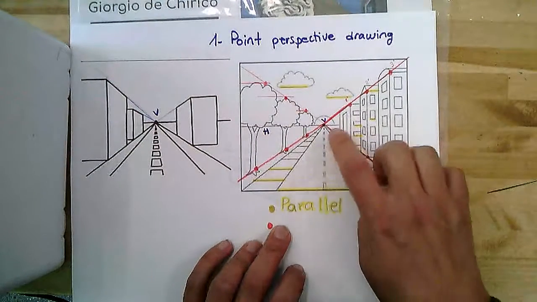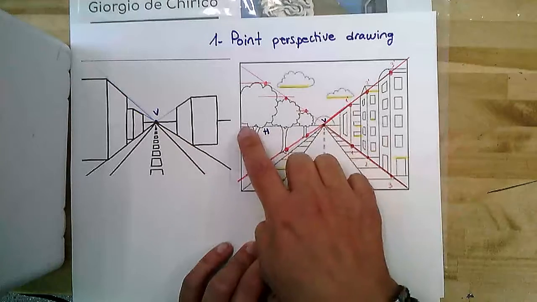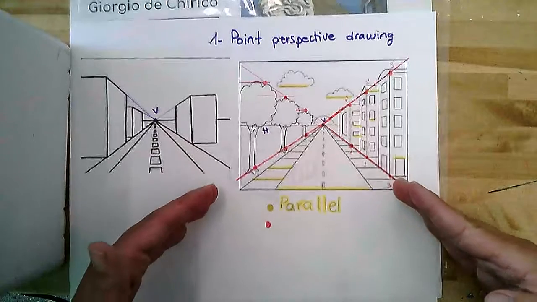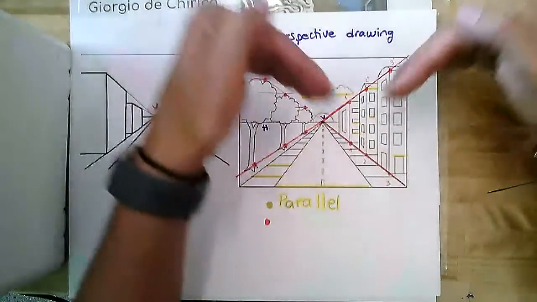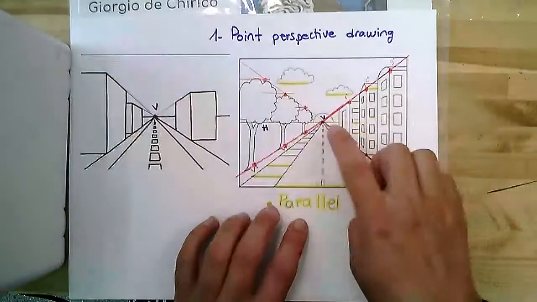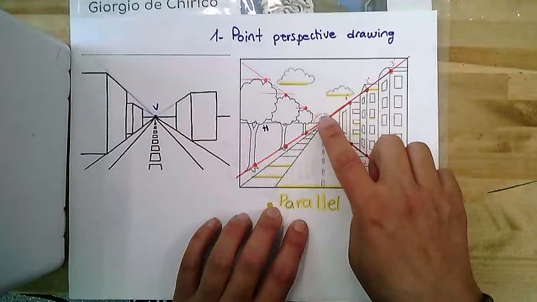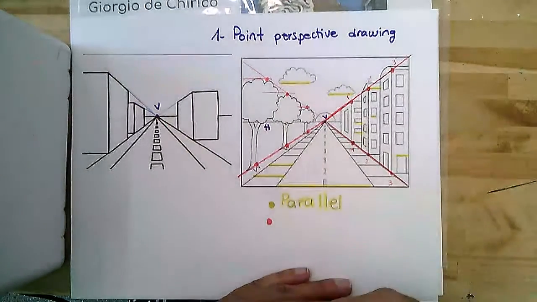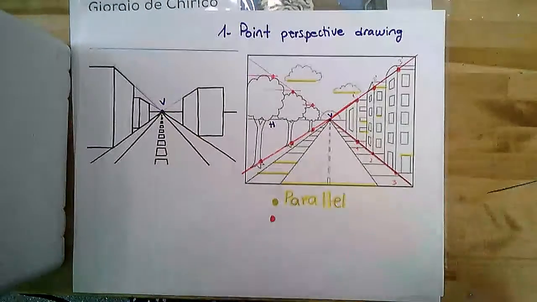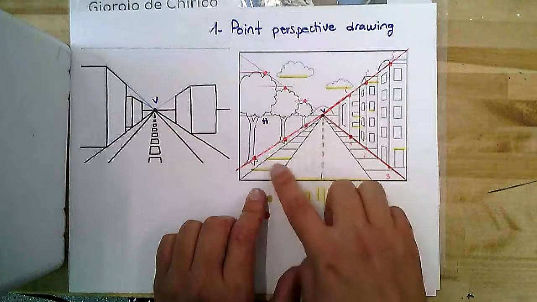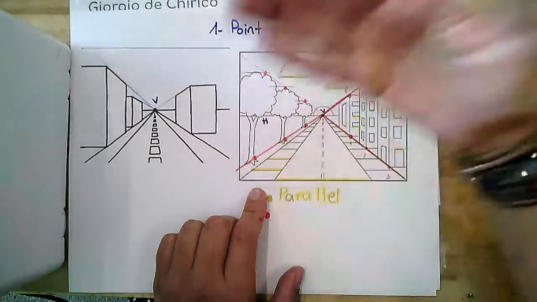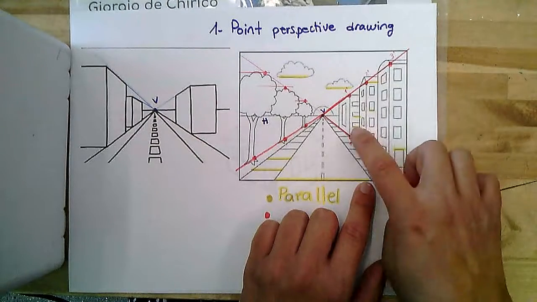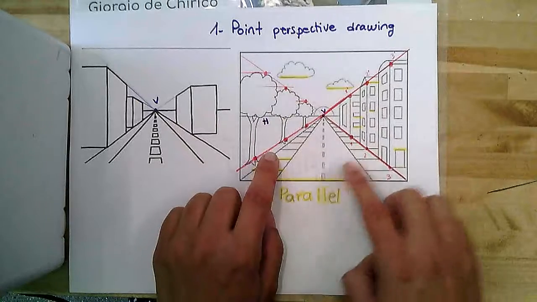We can see here the vanishing point, which is also the horizon line, and all the lines go to the same vanishing point, except for the lines that are completely in front of us, which we can call parallel lines, those yellow ones. So anything that is right in front of us is going to appear in our drawing completely parallel.